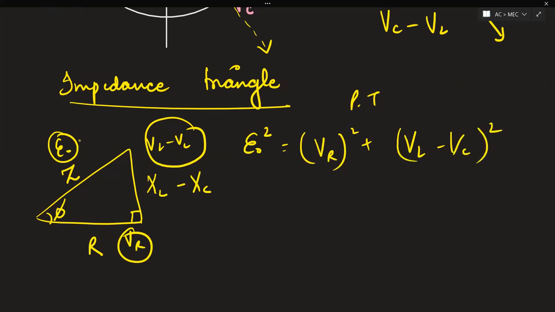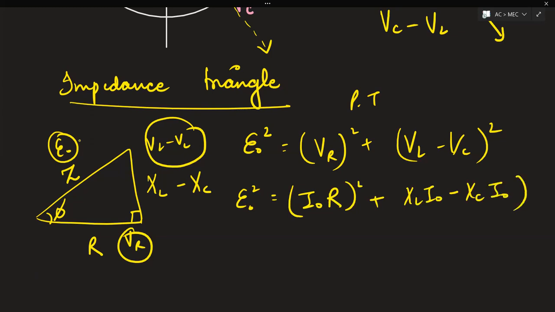Leave E naught right now. VR you can write, as you just told me: if the current is I naught and the resistance is R, VR is I naught R. Plus VL, which is XL into I naught, minus XC into I naught, whole square.